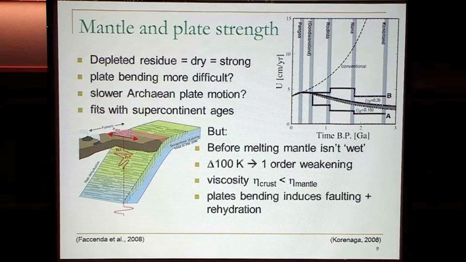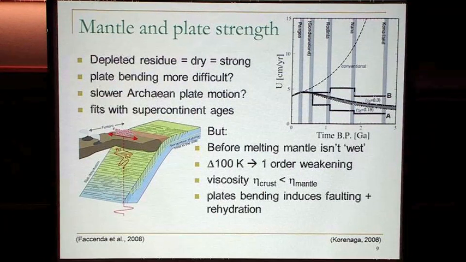Another argument is the fact that the viscosity of crustal material is intrinsically lower than the viscosity of mantle material. So if we have a much thicker part of the oceanic plate being crust, then the overall strength of that subducting oceanic plate will be lower as well.